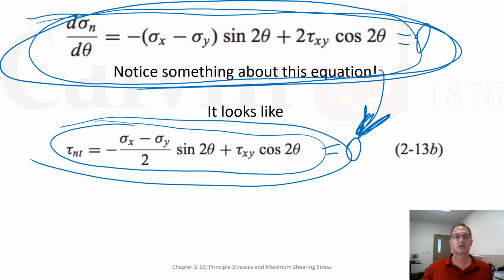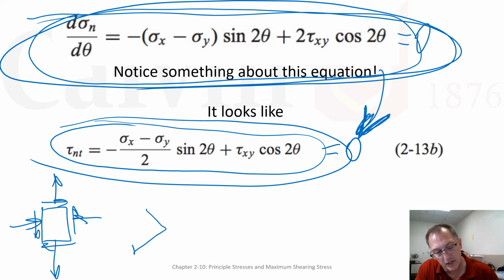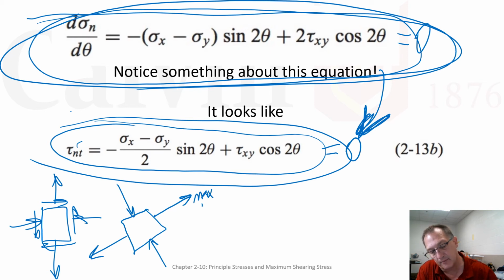If I take this little element and push on it, pull on it, and shear it, and find an orientation where this is my maximum, because that's in tension, that's my P1, and this is P2. If those are the principals, then shear is equal to 0.